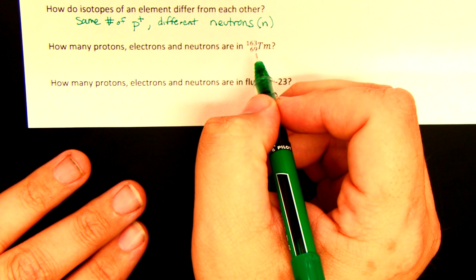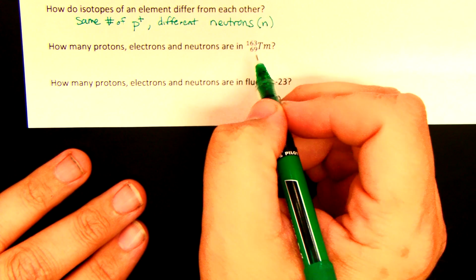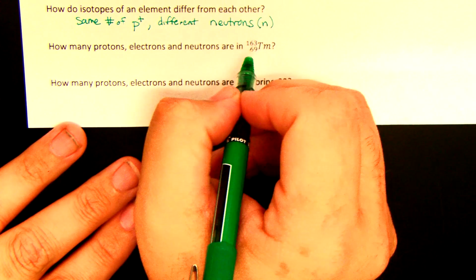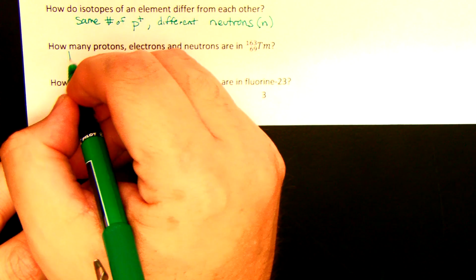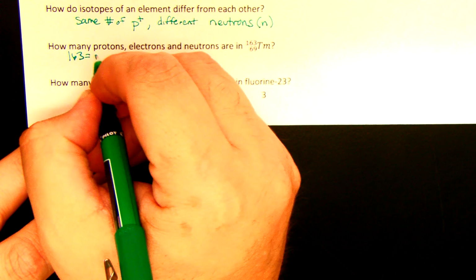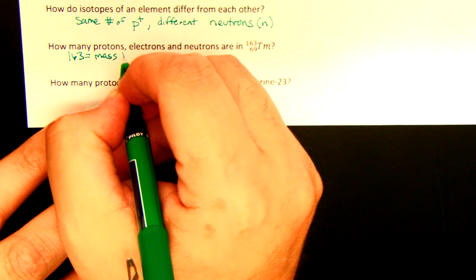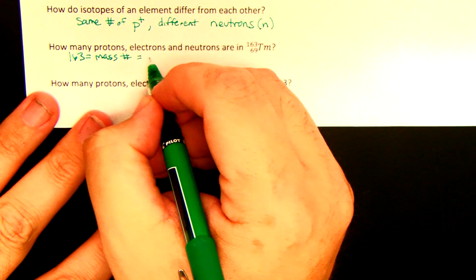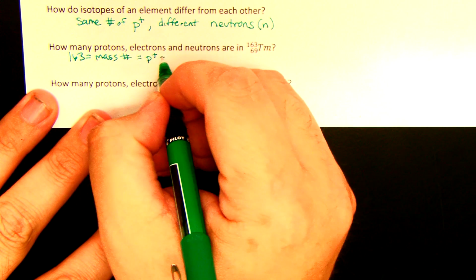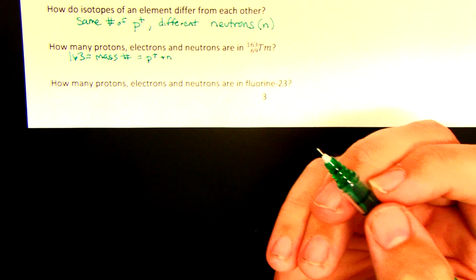Oh, there you are. It's thulium. Duh. Thulium. Now, what does the 163 represent? Yeah, the 163, that's your mass number. That's protons plus neutrons.